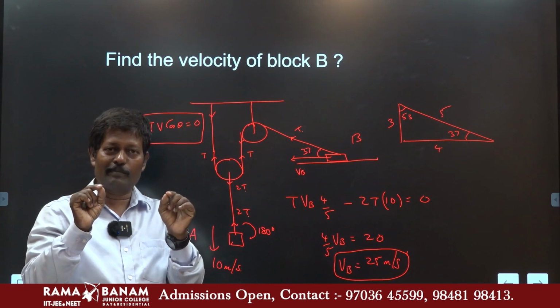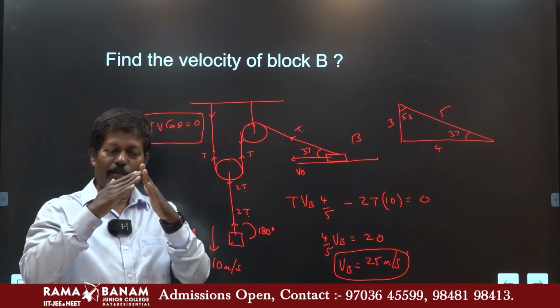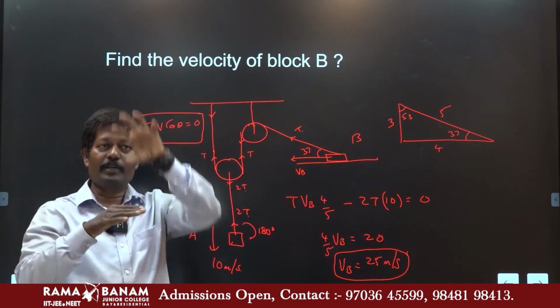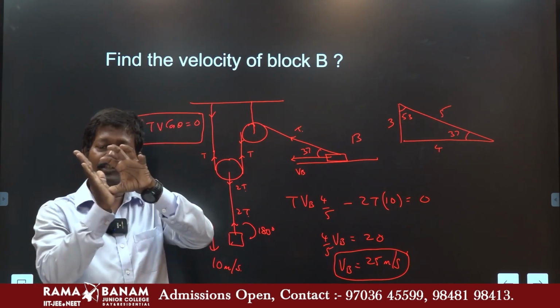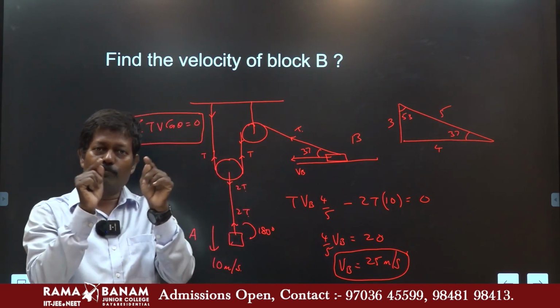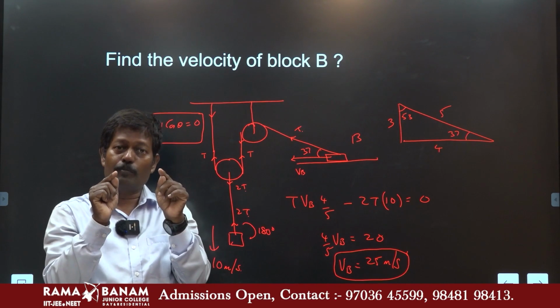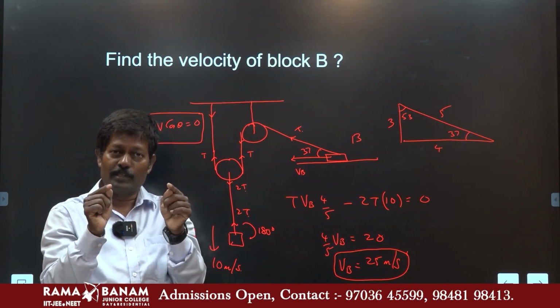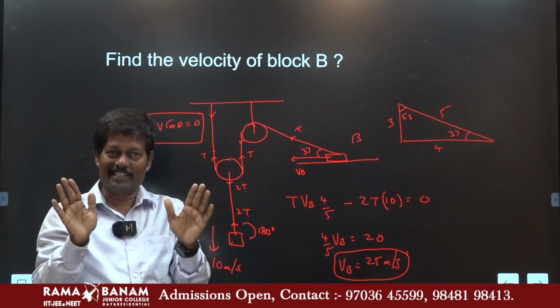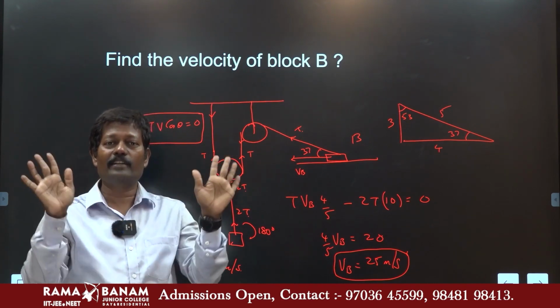When one body is moving over the other, a rod is moving over the wedge, a sphere is moving over the wedge, wedge is pushing the sphere, whatever it may be, the component of velocity of both the bodies perpendicular to the surface of contact should match. With that, trickily you get the answers.